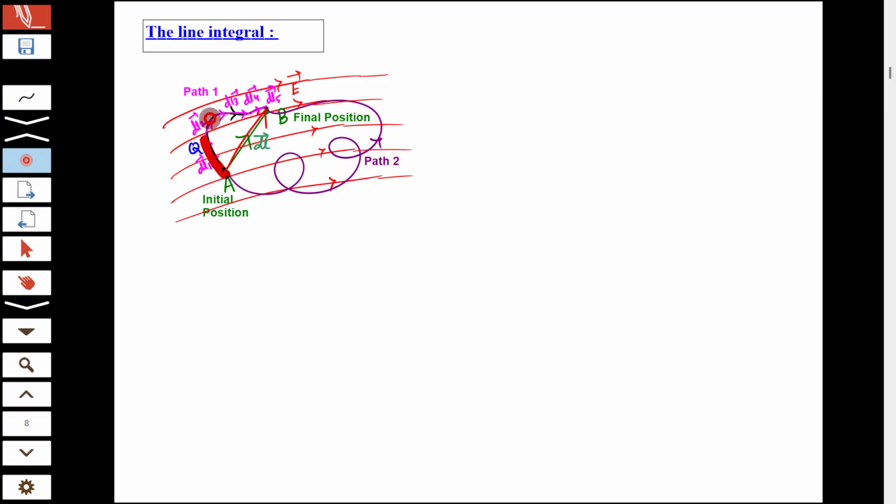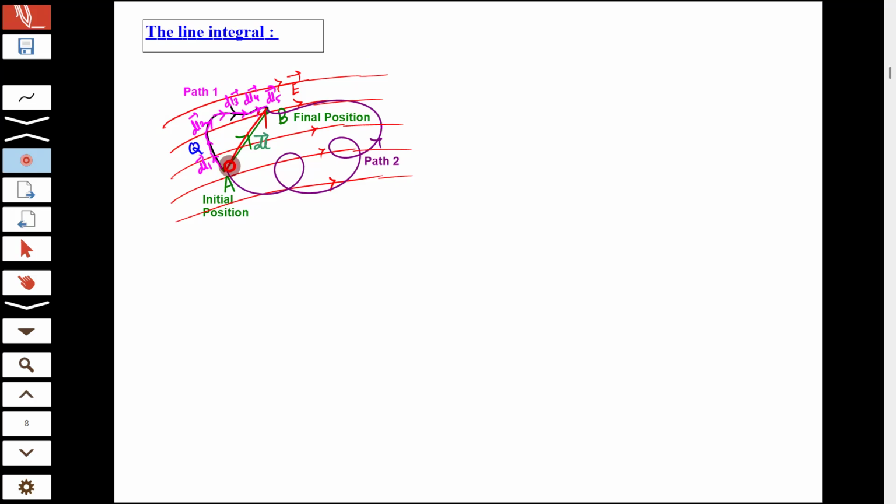So let us consider this path 1, and this path 1 is a curved path which can be separated into 5 straight line segments. So I have considered here dl1, dl2, dl3, dl4 and dl5 as the 5 straight line segments comprising this path 1.